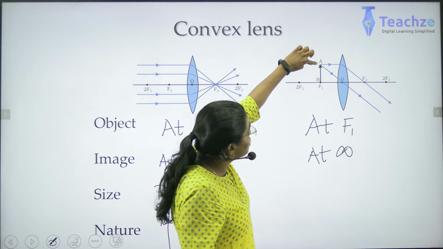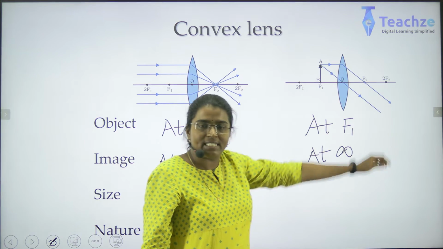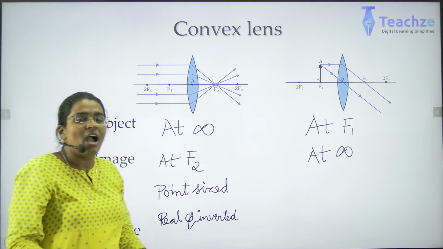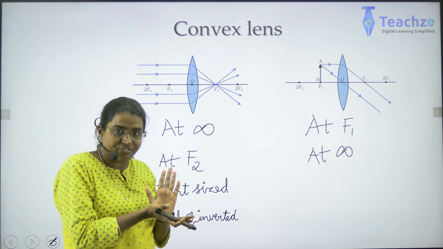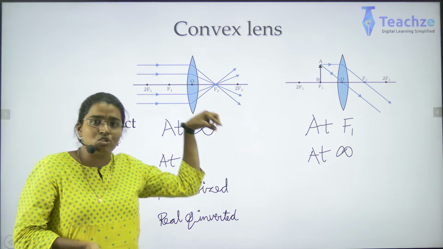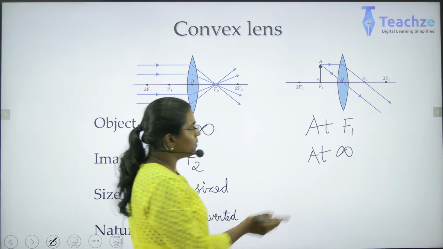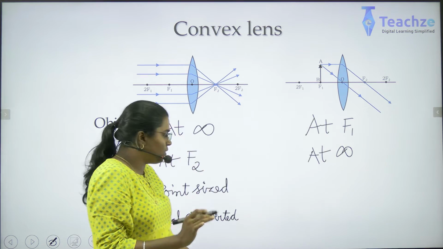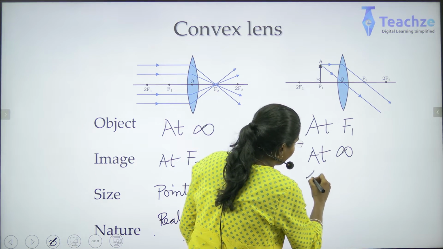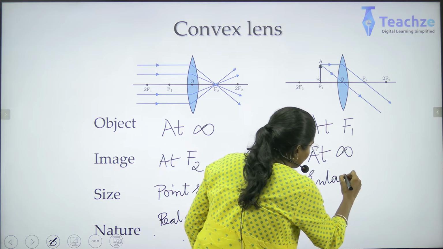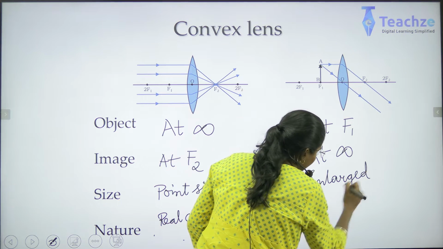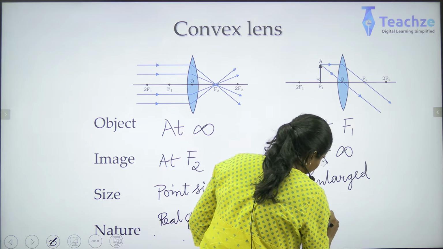And the other ray, which is going through the optic center, will be undeviated. There will be no refraction. So it will also be parallel to the ray passing through F2. So it will be joining at infinity. What will be the size of the image? It will be enlarged, and real and inverted. Okay, good.